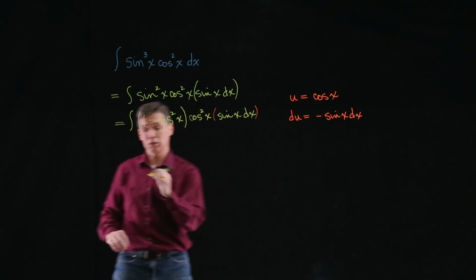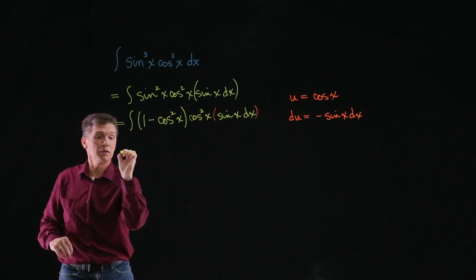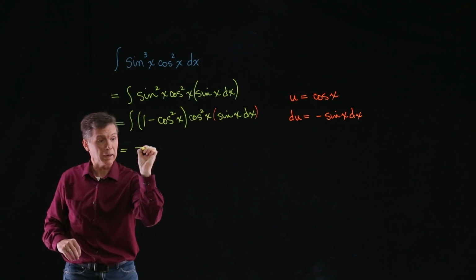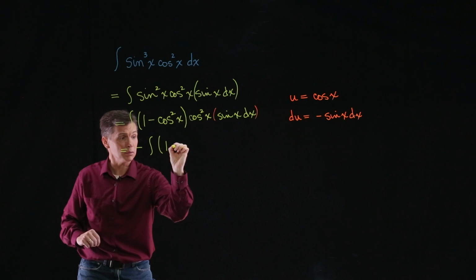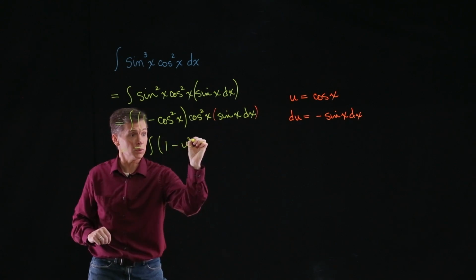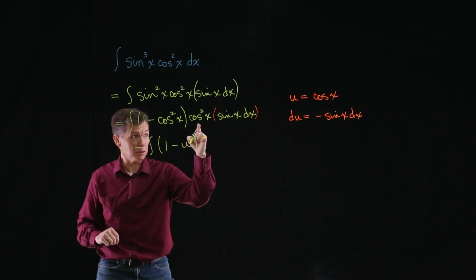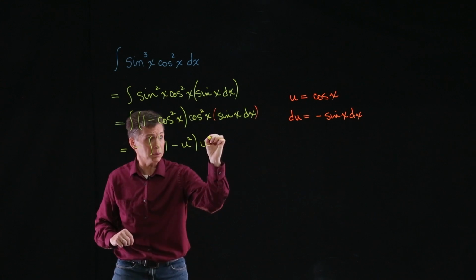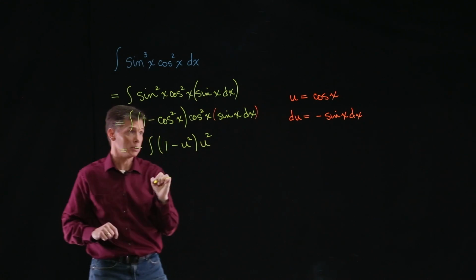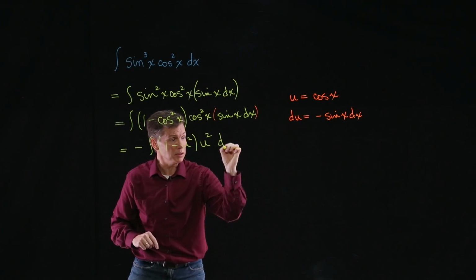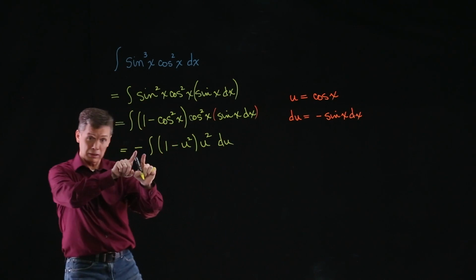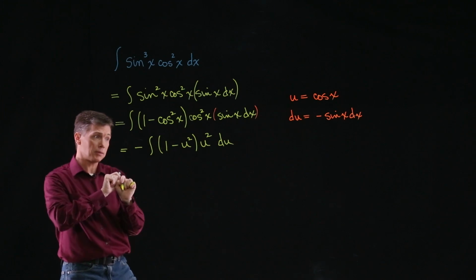Let's come back over to the main integral. This equals minus the integral, parentheses 1 minus u squared, times this cosine also getting replaced with a u squared though. Sine x dx is what's becoming a du. Don't forget that minus sign. I did pull mine all the way out in front.